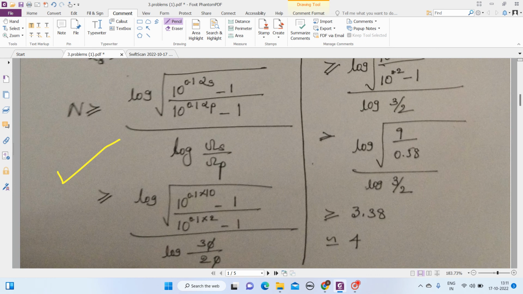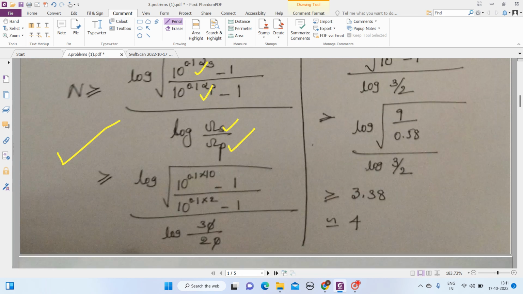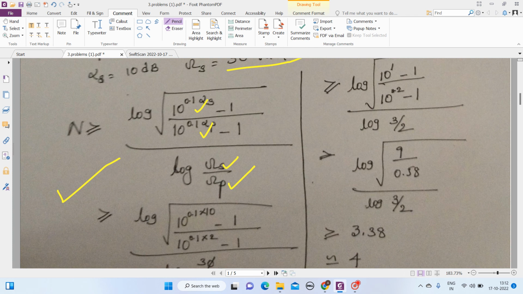So thereafter, you have to substitute the values of alpha s, alpha p, and omega s, omega p in this formula. After substituting, use simple maths to solve this problem. Use a calculator to solve this problem. I don't want to explain in detail how to solve. It is simple math. Use the calculator and solve.